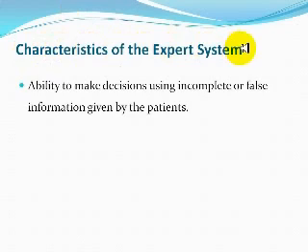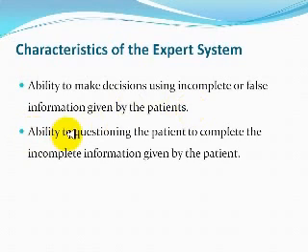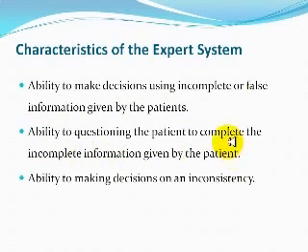Now let's consider the characteristics of the expert system which is used to diagnose and treat human respiratory system diseases. The first one: ability to make decisions using incomplete or false information given by the patient. Second: ability to question the patient to complete the incomplete information.